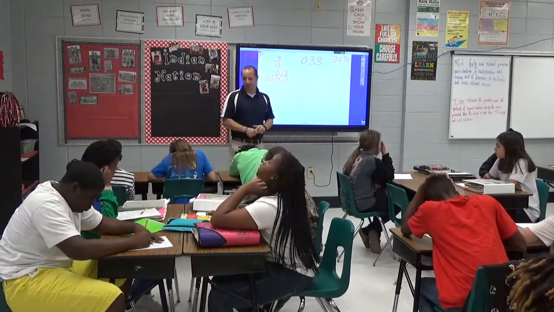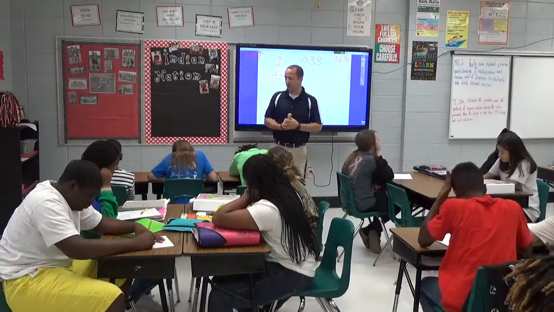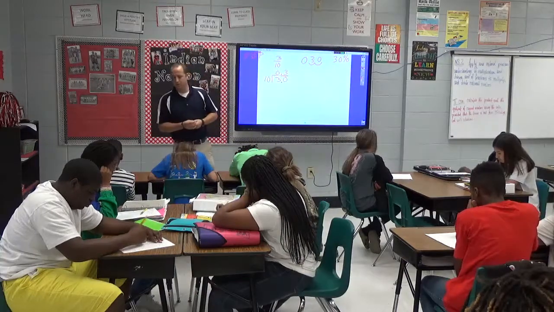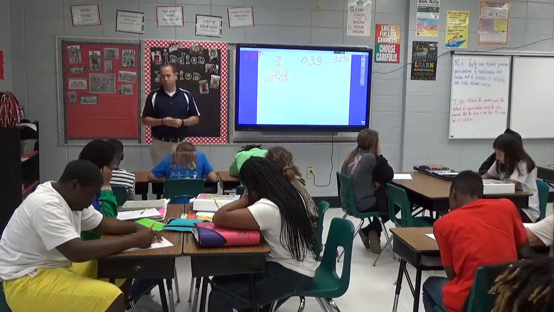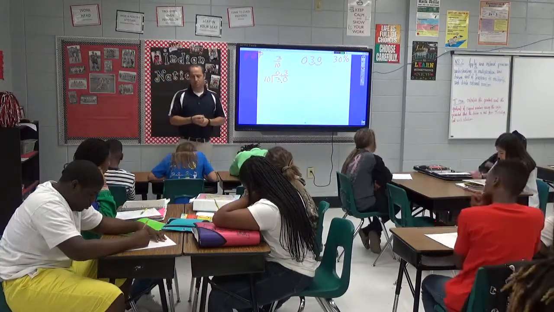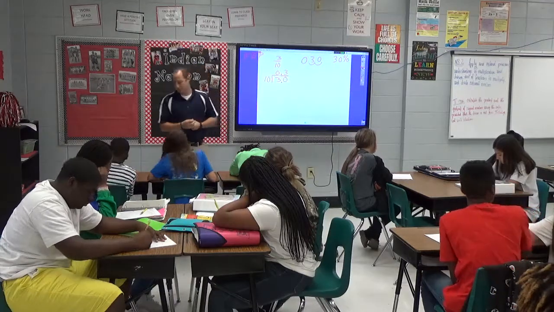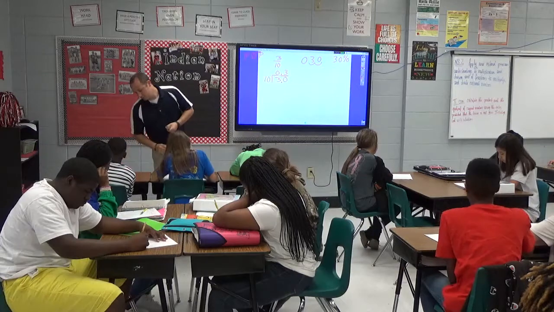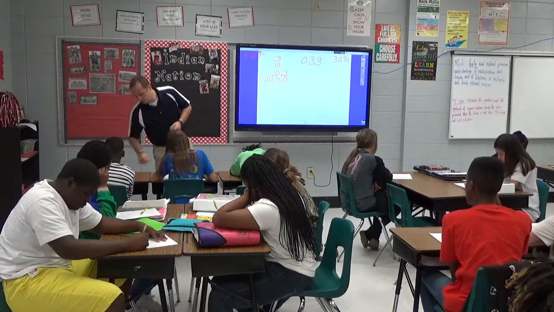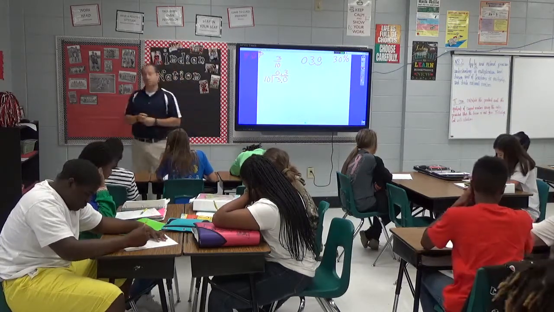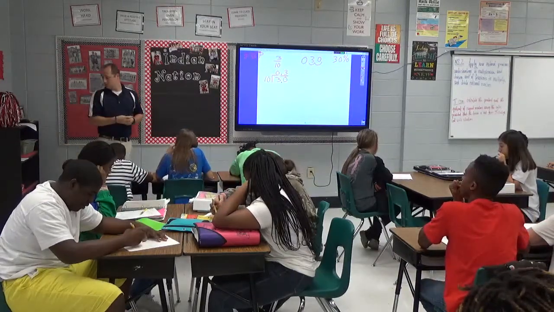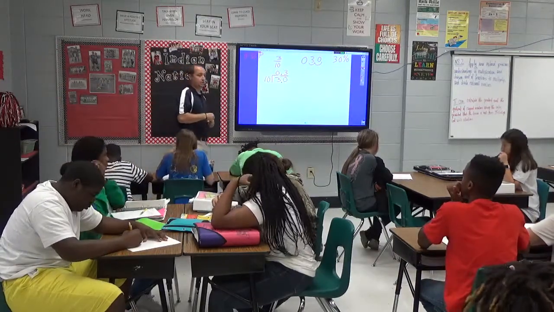If you move that decimal 2 places to the right, what's it going to be? Okay, and fill in that empty loop with a 0. 2%, that is correct. All right, any questions on that one?